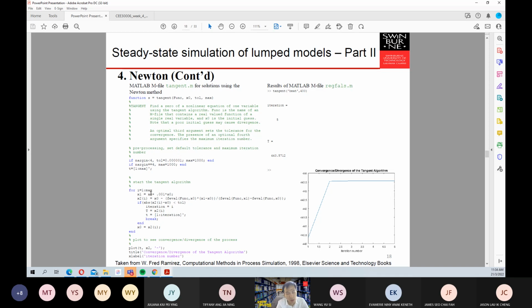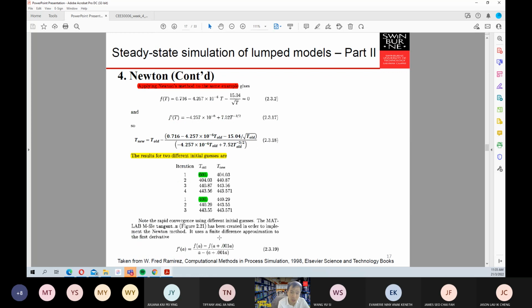But instead, you can choose to do these things in terms of the matrix. But for the sake of showing you a simple code, we just stick with this for loop. Okay, then it will calculate the value of x1. What we do in here is basically calculate the finite difference using this particular value.